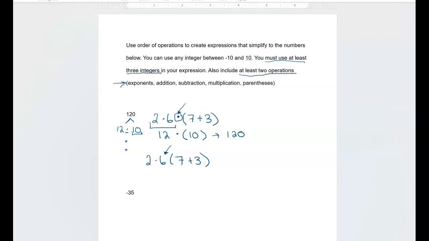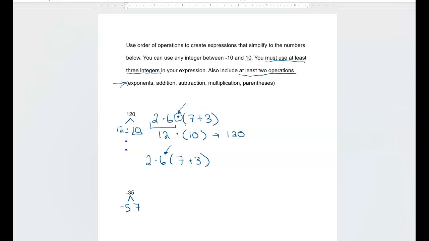All right, so how about negative 35? So I'm going to do the same thing in terms of what factors give me negative 35. So let's see here. How about negative 5 and 7?